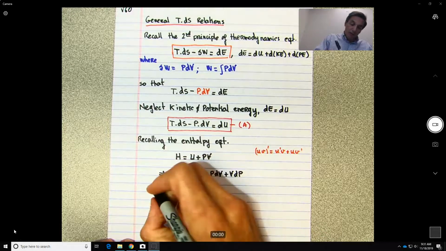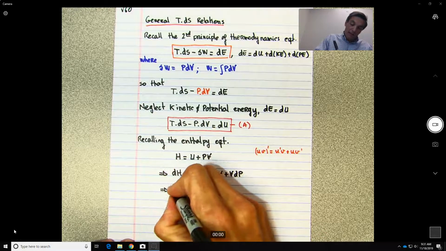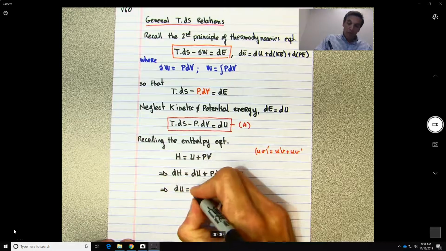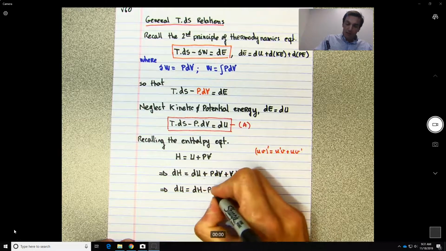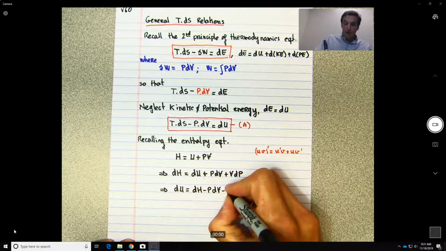So here we can just rewrite that dU will be equal to dH minus P dV minus V dP.